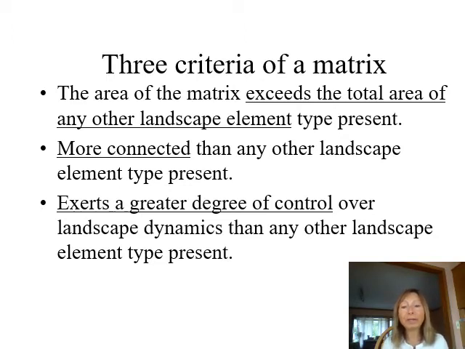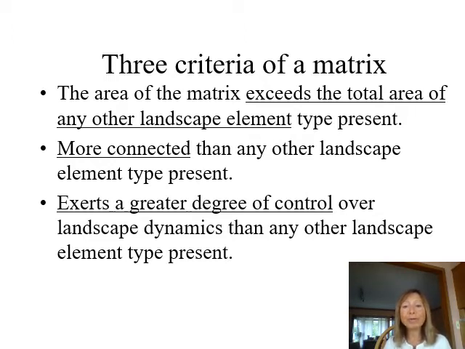We have to remember that in landscape ecology, we are always thinking of a landscape pattern at a certain scale of observation. So as you determine the scale, that would help you really to see what is the matrix, what are the corridors, and what are the patches in your study area.